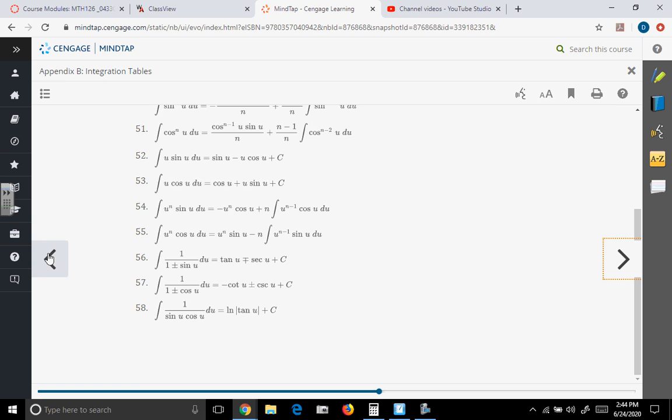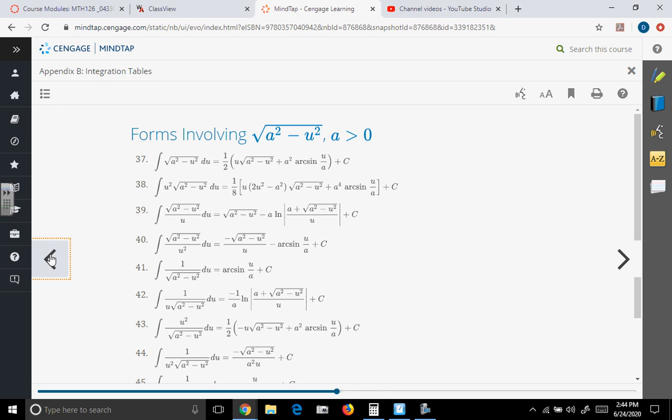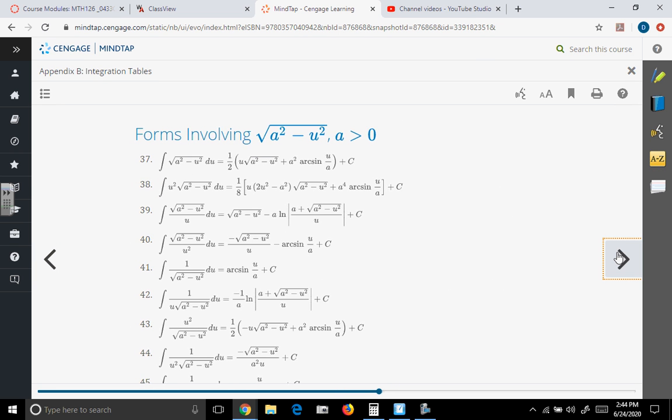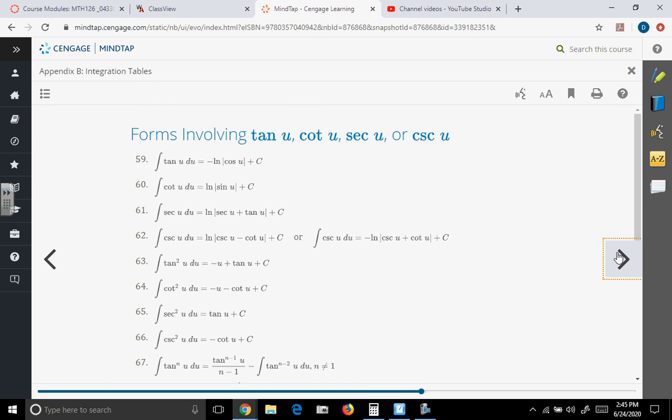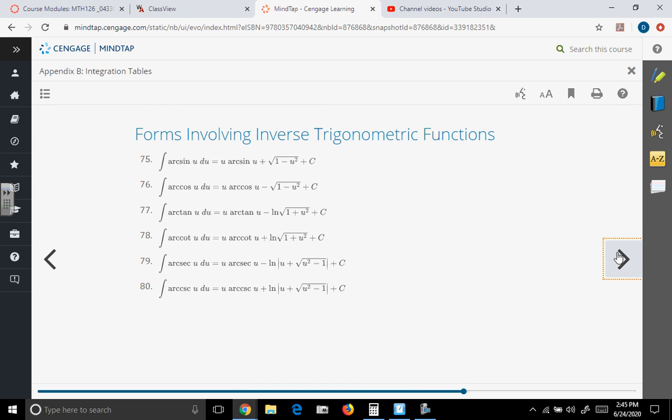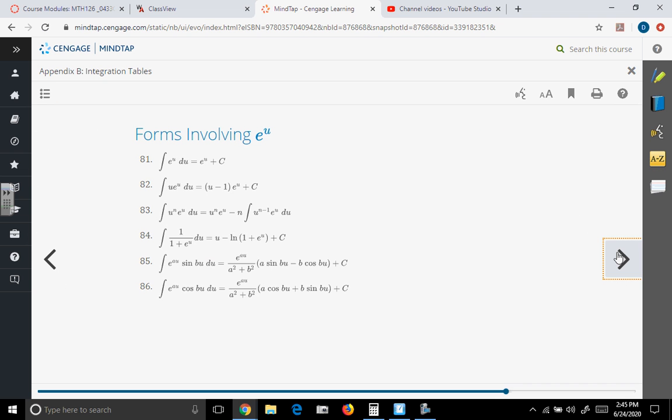So if we look through, this one has an e to the x in it. I don't think we've gotten to the e to the x's yet. I could be wrong. Okay, here are e to the powers. So ours resembles 83. So let's see about copying that formula.